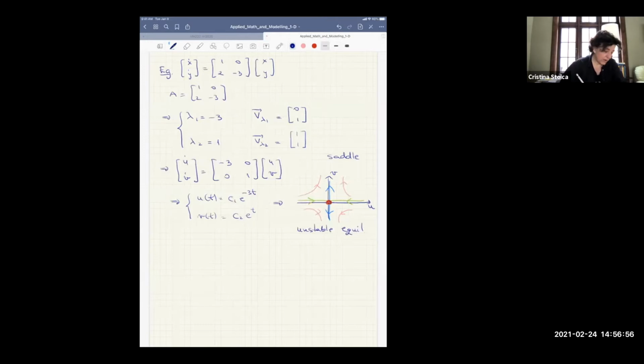So in XY coordinates, if you remember from last time, we have X of t, Y of t.